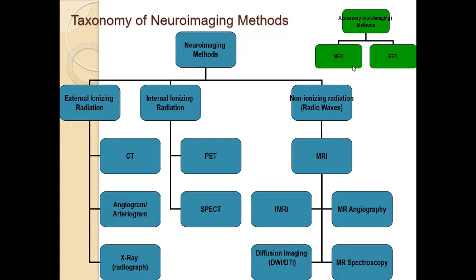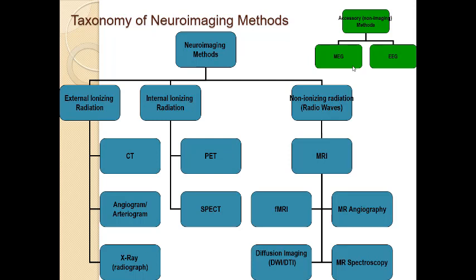The actual imaging techniques are based on three primary divisions: external ionizing radiation, internal ionizing radiation, and non-ionizing radiation. So all of these are based around either putting in radiation into the body or applying it externally.